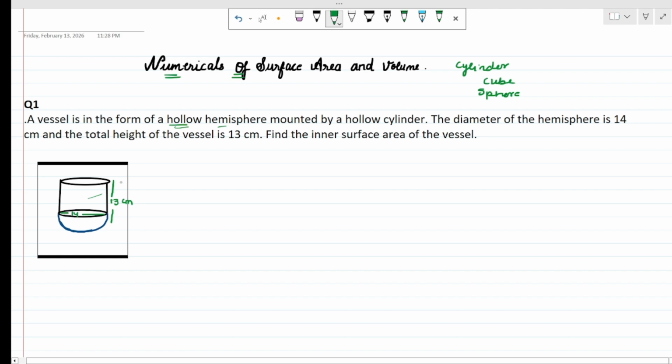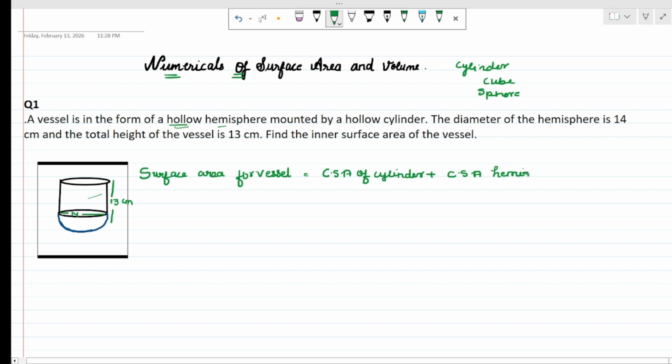So, what will be your formula? The wall surface area for the vessel equals curved surface area of cylinder plus curved surface area of hemisphere.